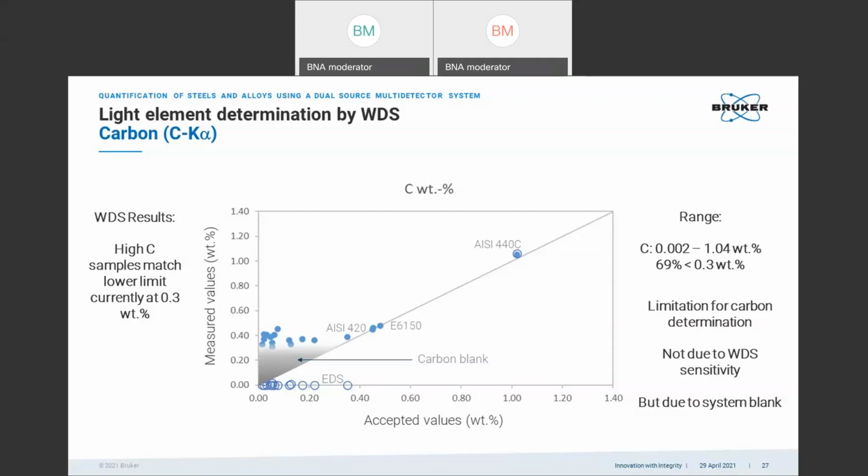The system blank is due to contamination, not only of the sample, so we have to clean them thoroughly. If you are interested in determining the carbon content at the very low end, you should use a plasma cleaner for sure. Make sure that your SEM is very clean, that you do not use carbon pads or tapes. Make sure not to use the door, but an airlock system to insert your sample.